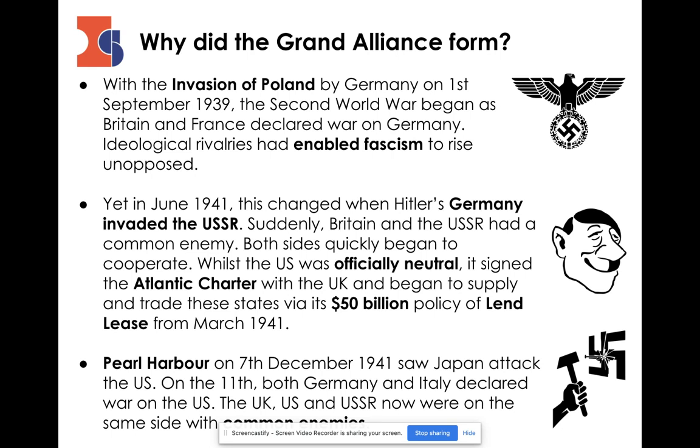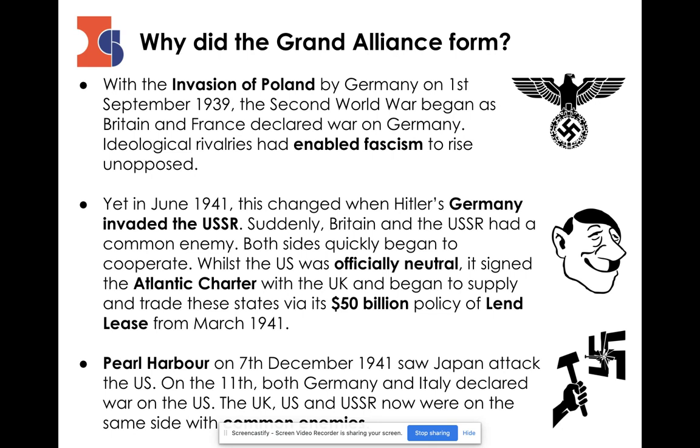Now, the USA at this time was officially neutral, but it did start supplying Britain with weapons and supplies, and the USSR. The USA signed something called the Atlantic Charter in 1941 with the UK, which was a statement of principles of what the world should look like after World War II, very similar to Woodrow Wilson's 14 points.